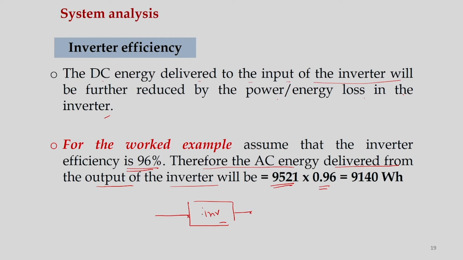The inverter efficiency is given as 0.96, which equals power output by power input to the inverter.